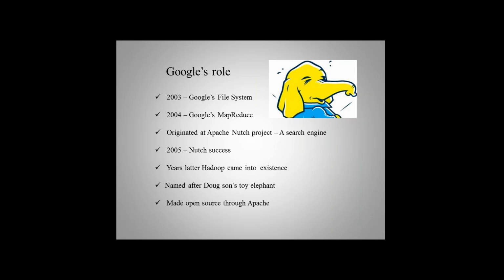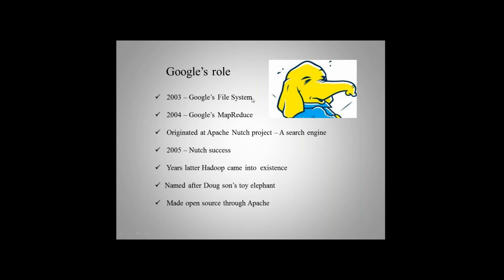These two white papers, Google File System and Google MapReduce, were implemented by a group of people in an open source search engine project where they used Nutch as the web crawler, and they started storing all those web pages in an analogy of Google File System, and started processing them using an analogy of Google MapReduce.